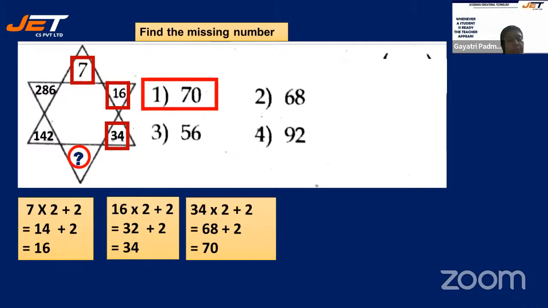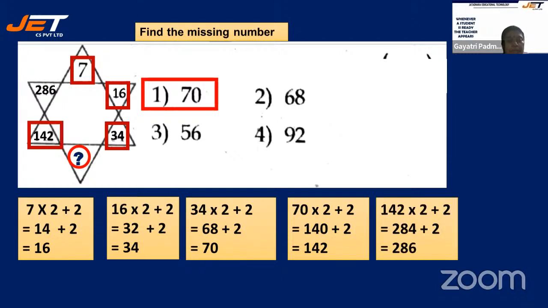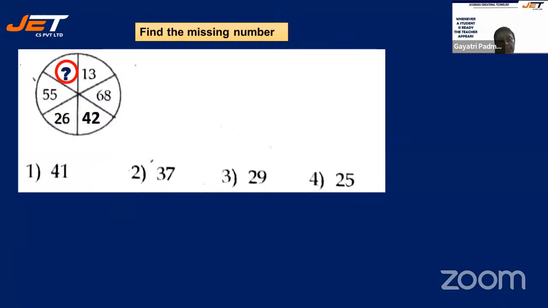Similarly, 34 into 2 plus 2 is going to give you 70. You can check the next number as well. 70 into 2 plus 2 is 142. And see the next one, 142 into 2 plus 2 is going to give you 286. So that is how we ensure that our answer is right. With this, let's move on to the next question.